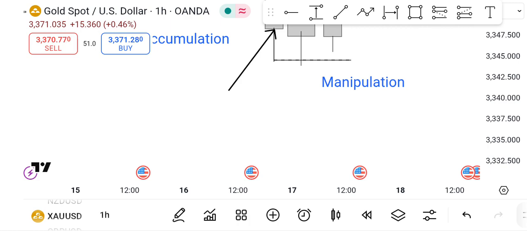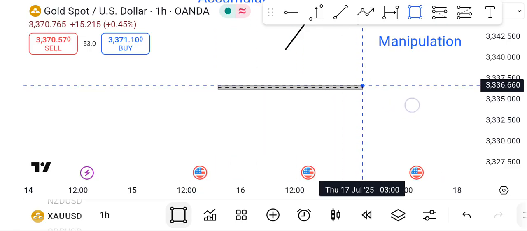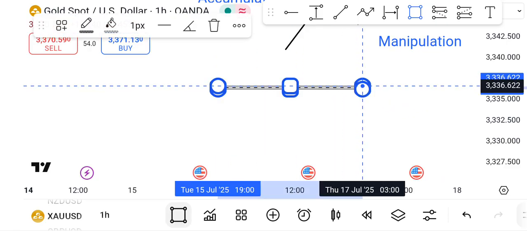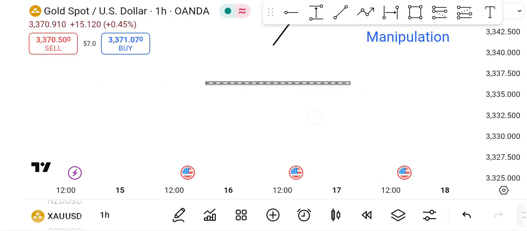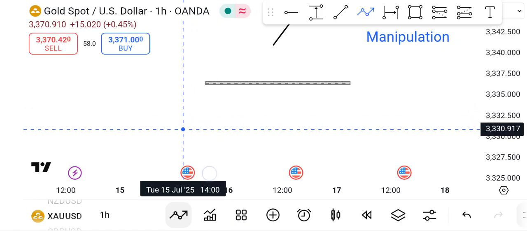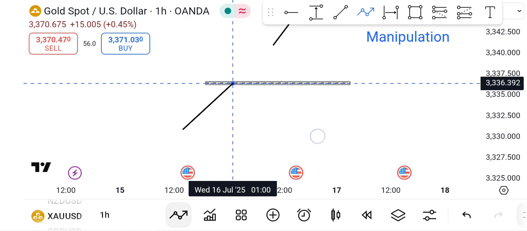The second key level is the resistance. It occurs when the upward movement is halted or reversed. It is a point where the upward movement is reversed. So we have that level there, but the market can't go further or beyond that level.